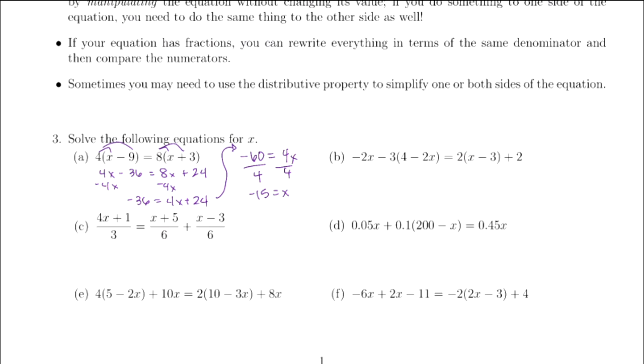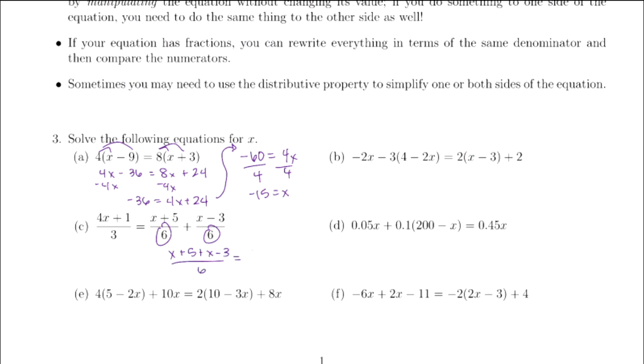Okay, and then on C, I'm not going to have space to do that there, but on C, we have a common denominator on the right-hand side of this, so I'm going to squish those together as one fraction. And so I would have x plus 5 plus x minus 3 over 6.